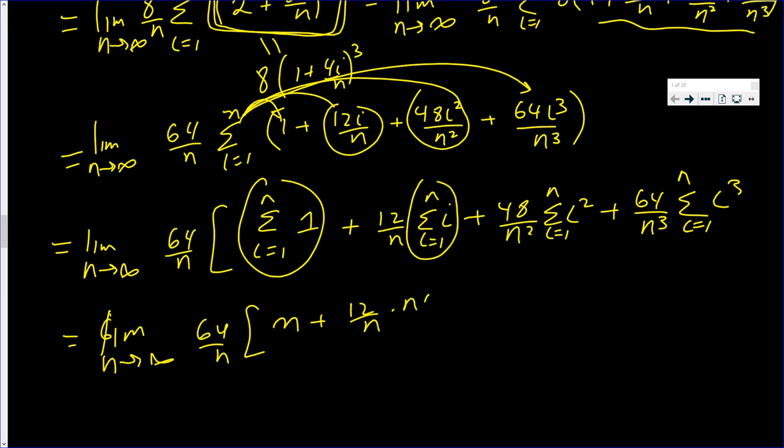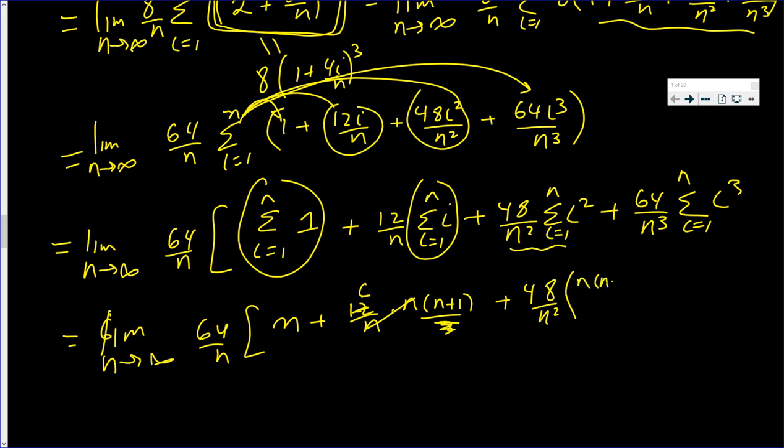Well, that's n times n plus 1 over 2. The n's cancel. The 2 goes into the 12 6 times. Plus 48 over n squared times the summation of i squared as i goes from 1 to n.